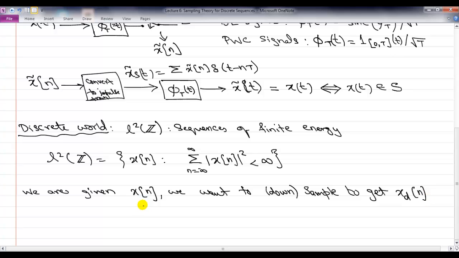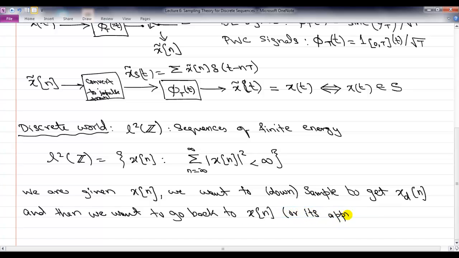And of course, once we sample something, our ultimate goal is we should be able to reconstruct that thing. So we want to go back to x[n] if possible, or its approximation using these samples x_d[n]. Okay.